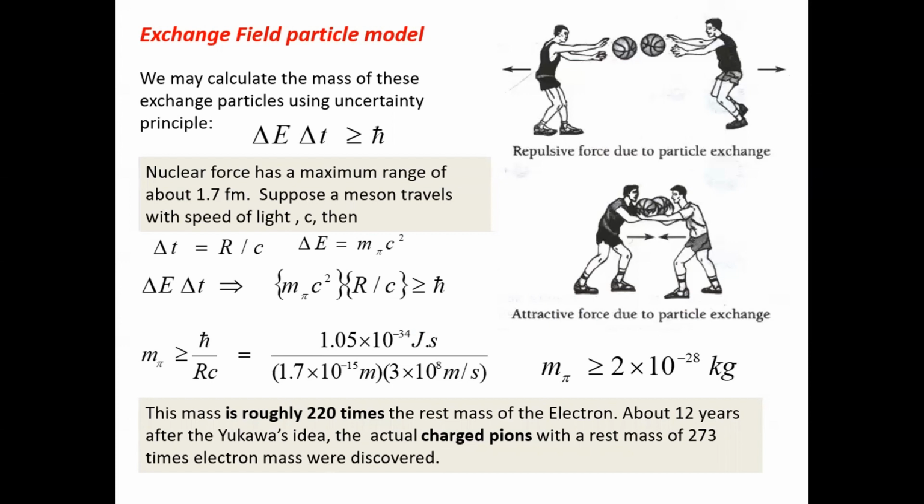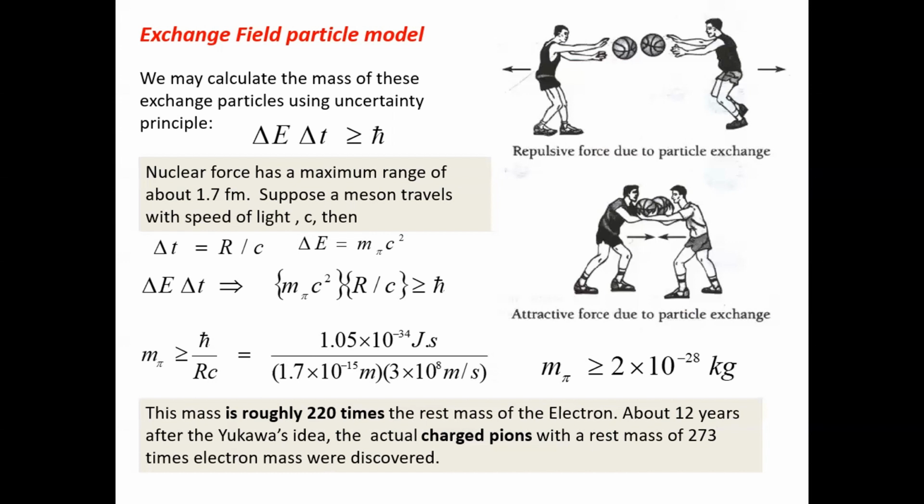In some cases, the particles are very, very massive, therefore the range is very short. When they are really massive particles, the ranges become very short. And when the particles have almost zero mass, then the range becomes infinite and very large.